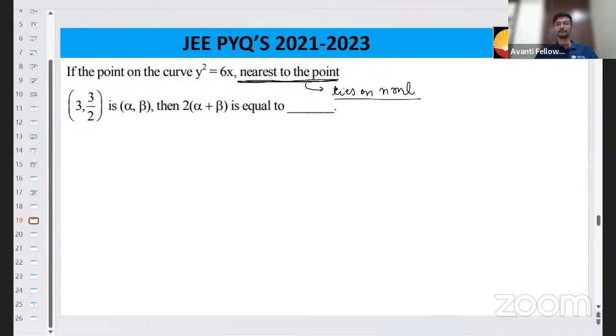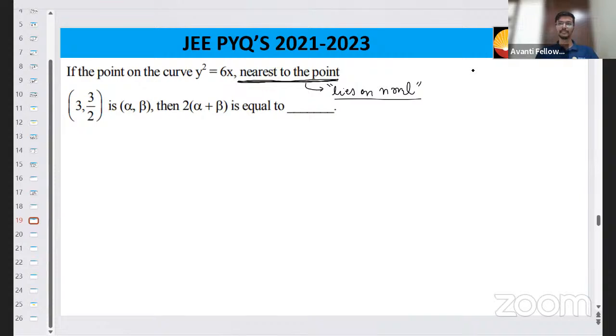Very, very important. In yesterday's class also, or last lecture also, we did the same thing where the same statement was mentioned, nearest to the point. That means it lies on the normal, right?